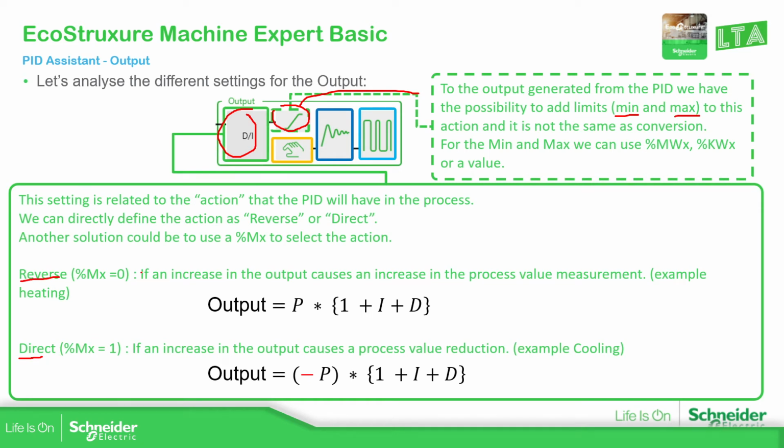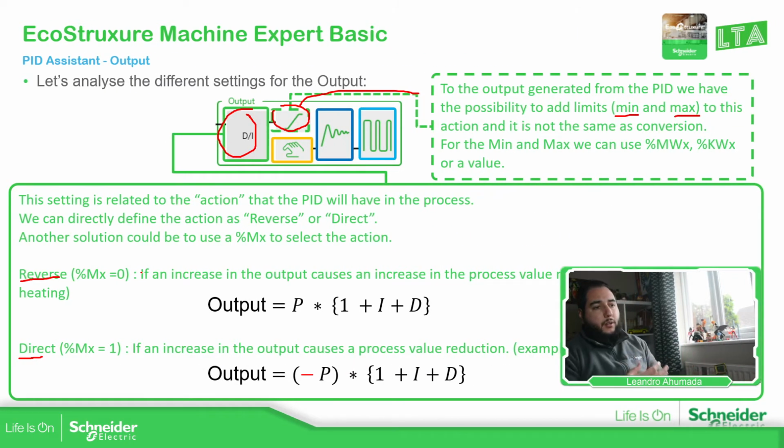Here is something important, because if you read it just like that, you're probably thinking it's the wrong name. I don't 100% agree with the names either, but this is how it is. Basically, take the action reverse: imagine a heating system.